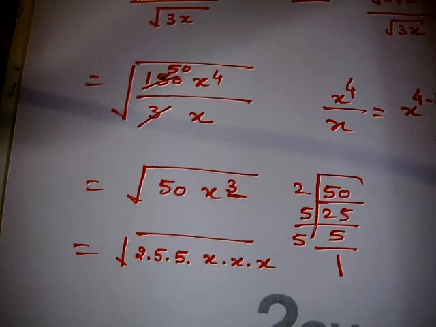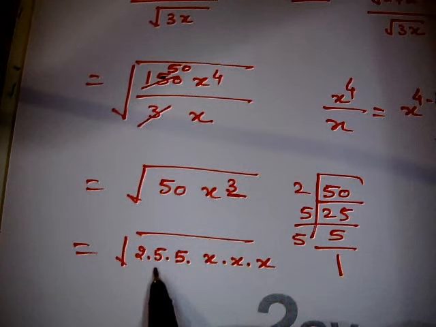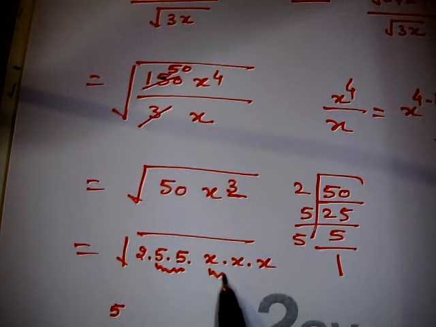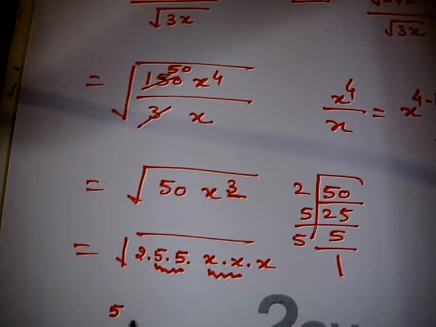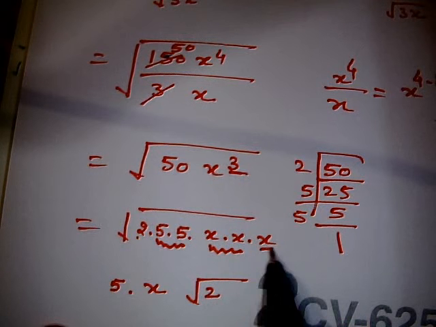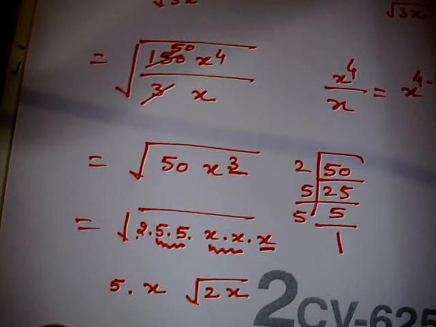This is 5 in pair, so one 5 is going to come outside. This x is one pair, so 1x will come outside, and the number which is unpaired will remain inside the square root, so this 2 unpaired will remain inside. This x is left 1, that is unpaired, so will remain inside. Okay, so this is going to be the answer, 5x root 2x for that question.